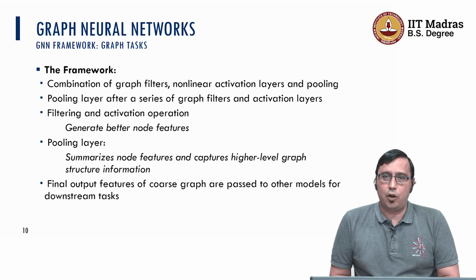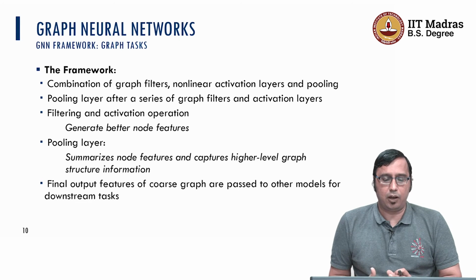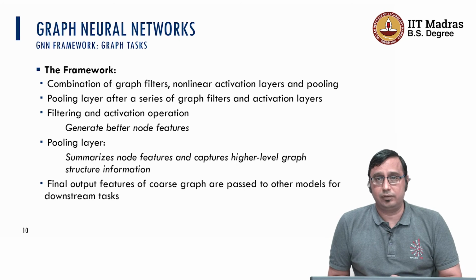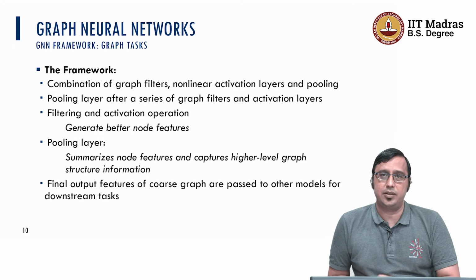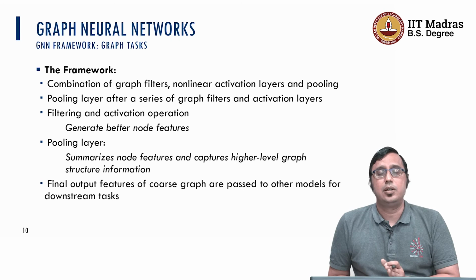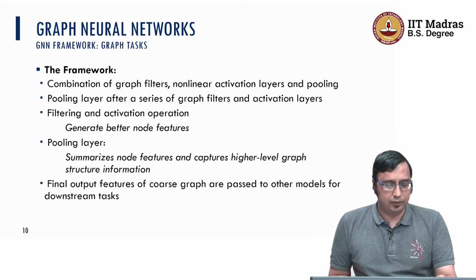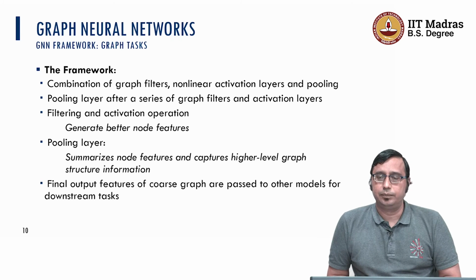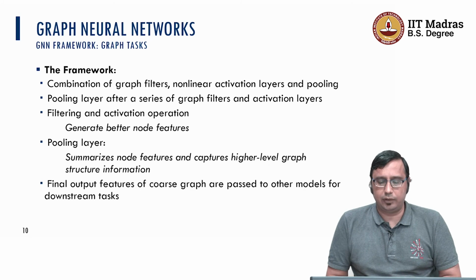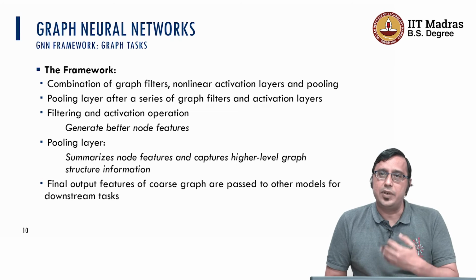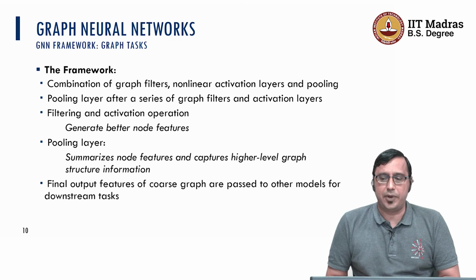And what will be the final output? The final output will be a coarse graph, and sometimes it will be a flattened feature which can be passed to other models for a downstream task. Depending on the downstream task, we will have either a coarsened graph and or another feature vector which can be used for a downstream task.